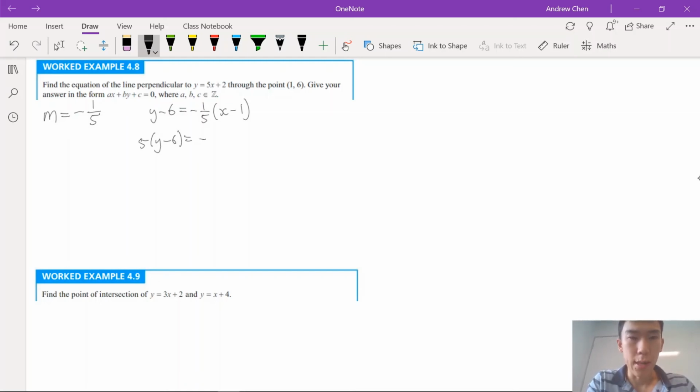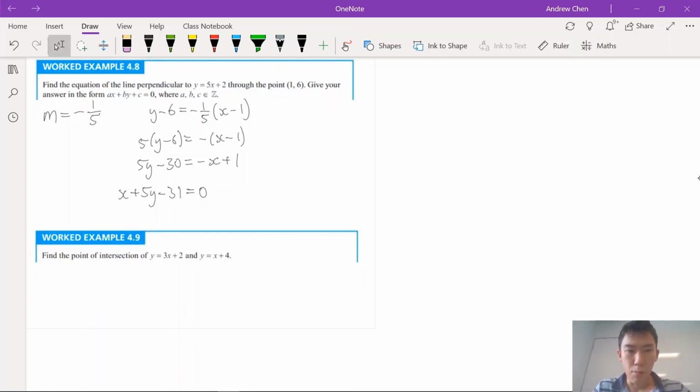I'll save us doing it later. So that's multiplying both sides by 5. Expand both brackets. So 5y take 30 equals negative x plus 1. And then we want to rearrange this equation and make the right side equal 0. So x plus 5y take 31 equals 0. And we are done.